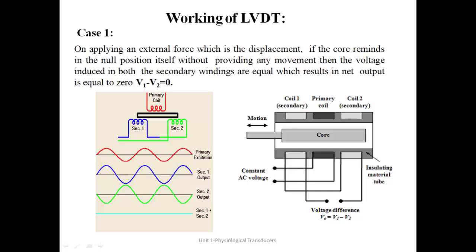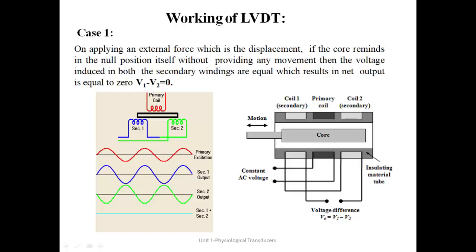Blue is secondary 1, green is secondary 2, and at the bottom the cyan colored line is the net output. When the core is exactly in the center, due to mutual induction, the voltages developed in secondary 1 and secondary 2 are equal in magnitude. But the connection is made in such a way that the output is S1 minus S2.